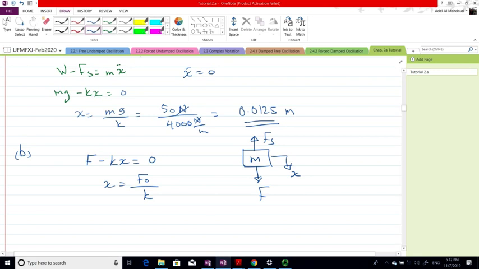If you know the general formula, the amplitude is equal to F naught over K minus omega squared, right? As omega goes to 0, we are left with F naught over K. It's not 0. This is 0, but we have K in here.